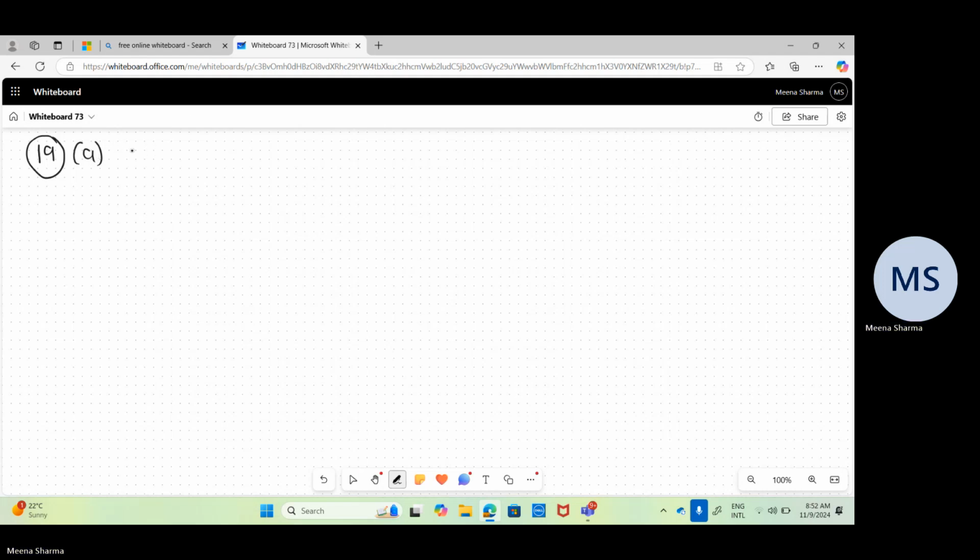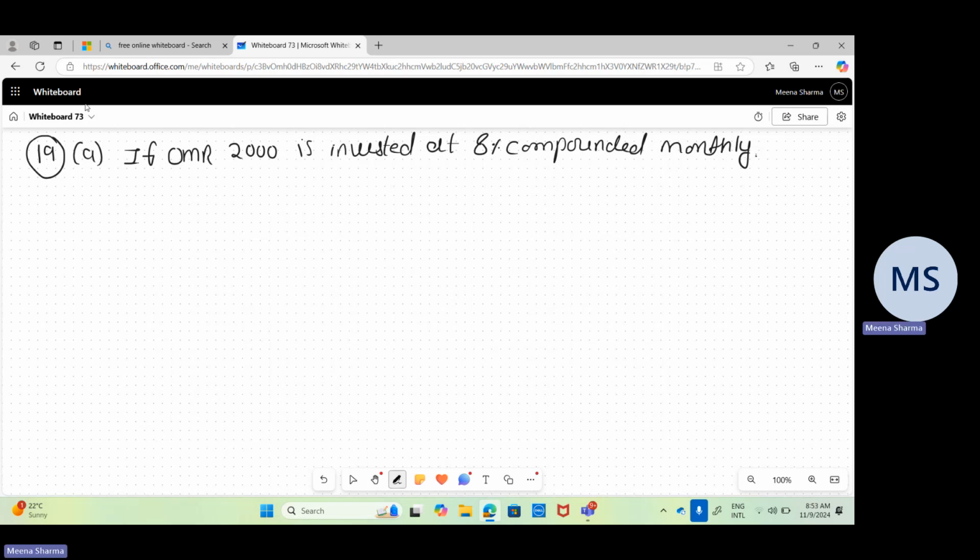If 2000 riyal is invested at 8% compounded monthly, what will be the future value in 5 years?